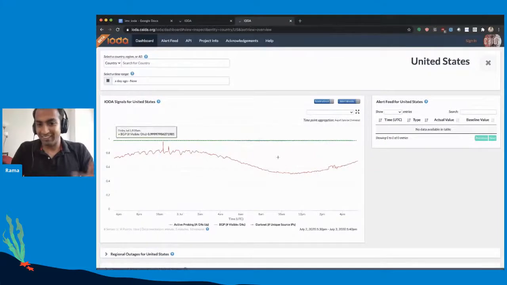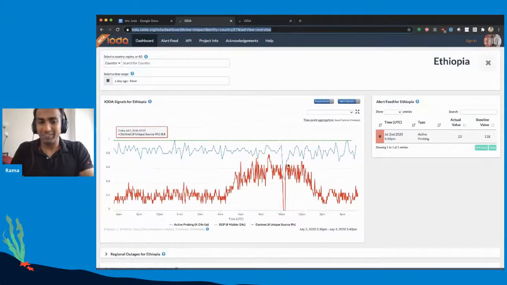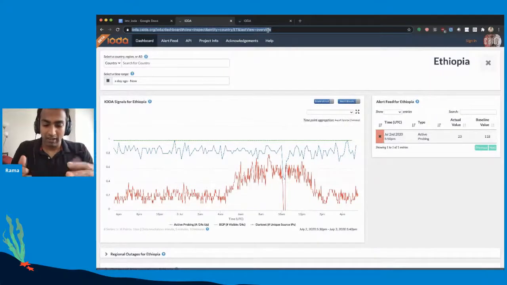In this case, it did not occur, which gives us a little more confidence that this was something that happened in Ethiopia. But if we see a massive outage occurring across different, unrelated aggregates, then it's likely because of an infrastructure failure.